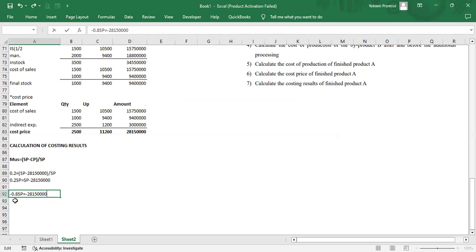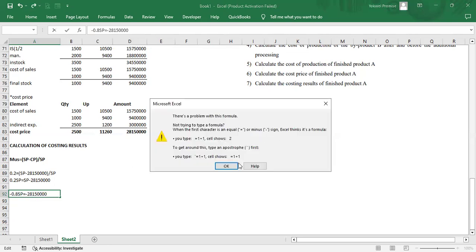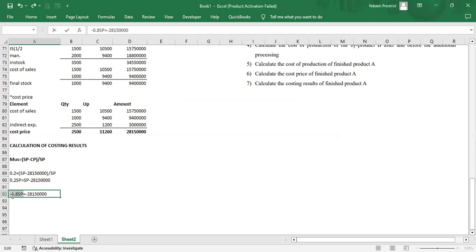Now we divide all through by the coefficient of selling price, which is 0.8. That negative sign was disturbing this thing; I could have put it in brackets so that anyone following can see.